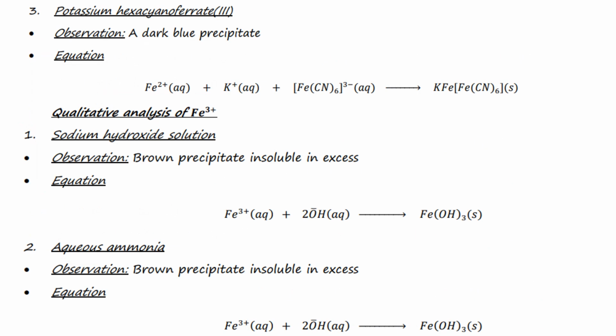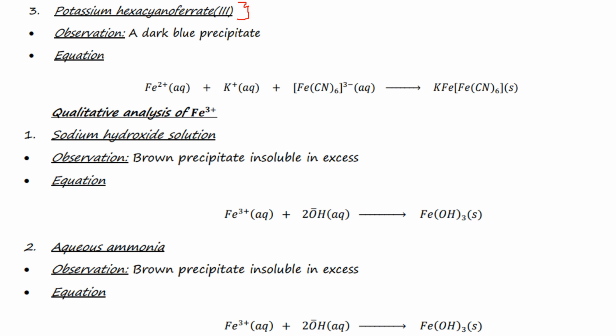Now proceeding, the third component is going to be our confirmatory reagent for the iron 2 ion. Now notice that both iron 2 ion and iron 3 ion have quite the same confirmatory reagent, but what varies them is the oxidation state.